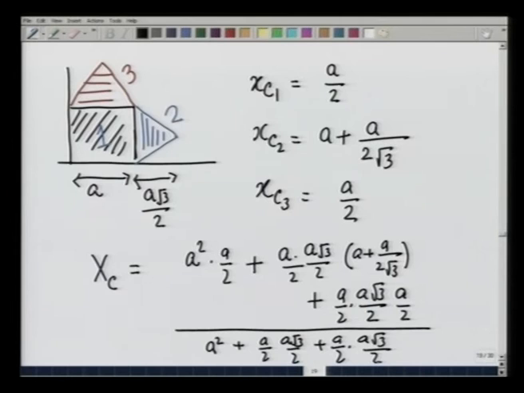That is the formula for x c. And you calculate this, it comes out to be about 0.594 times a.